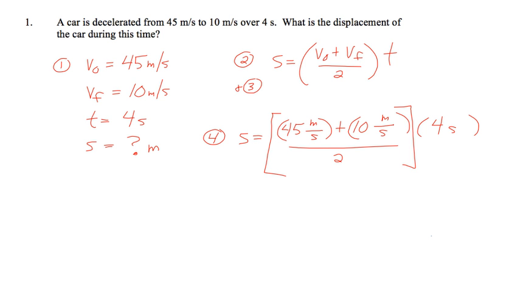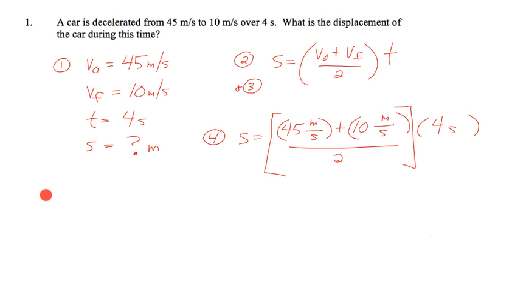Some of the mistakes I saw when I was looking at people do this problem is, first I saw someone in one of my classes put the 10 as negative 10. And I don't know whether they did that because the word decelerated was used, and decelerate means something slowing down. But even if I'm moving in this direction and I'm slowing down, I'm still going in the same direction.